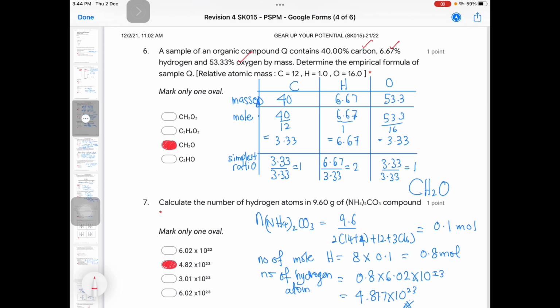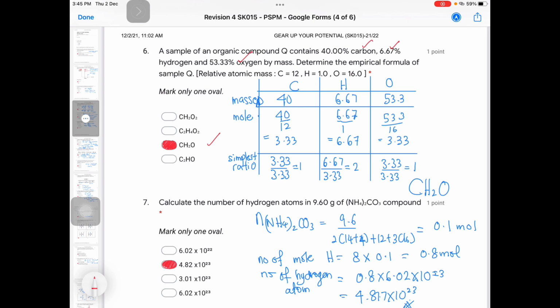So divide by 12, divide by 1, divide by 16. So kita dapat 3.33, 6.67 and 3.33. So simplest ratio is 3.33 over 3.33, 1, 6.67 over 3.33, 2, 3.33 over 3.33, 1. So the answer is CH2O, which is option yang ketiga lah.